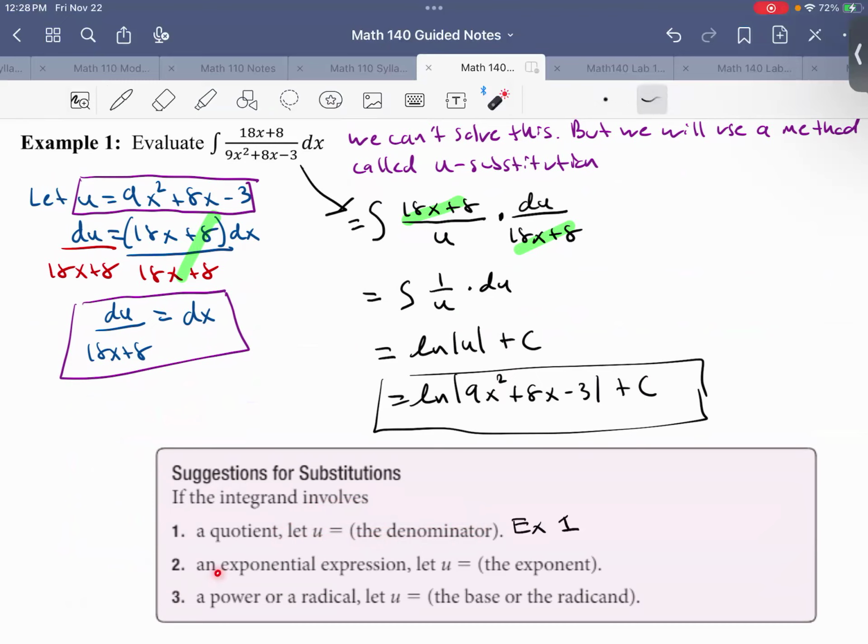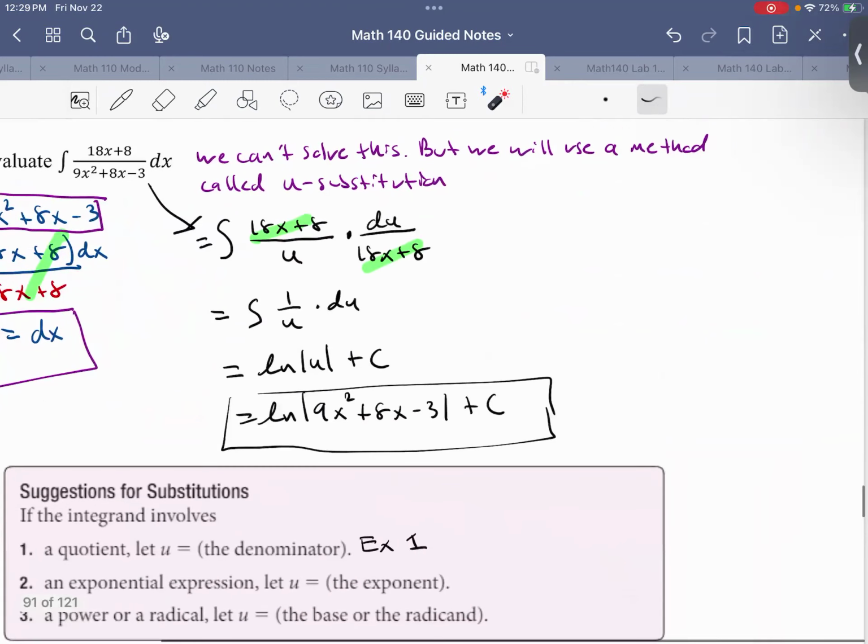Another option is if there's an exponential expression, you let u equal the exponent. We'll see an example like that. And if a power or radical, we let u equal the base or the radicand. But okay, so that's a little exposure to that.